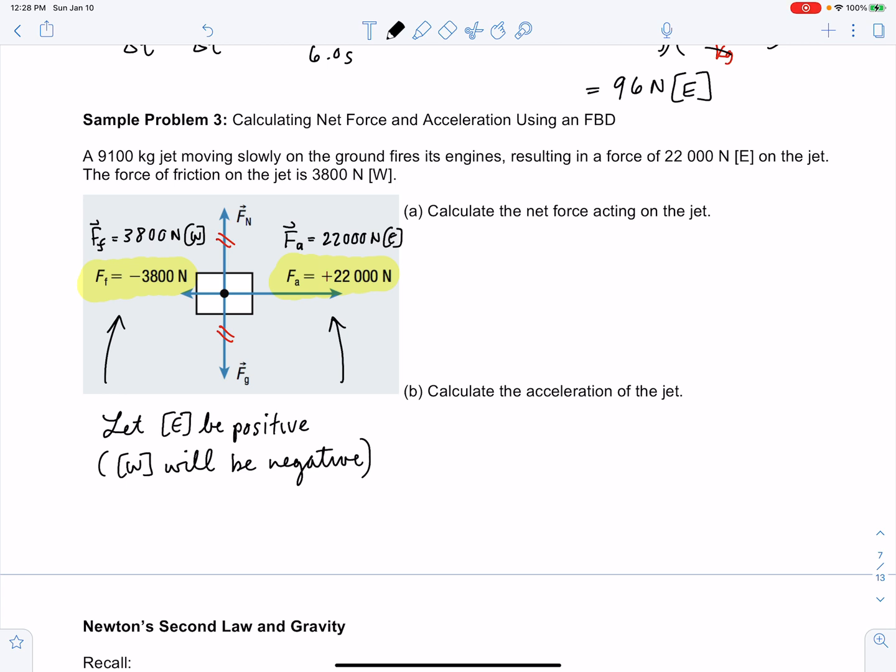We want to find the net force on the object. The first step in doing so is to list all forces acting on the object, and we're going to make sure we include direction.